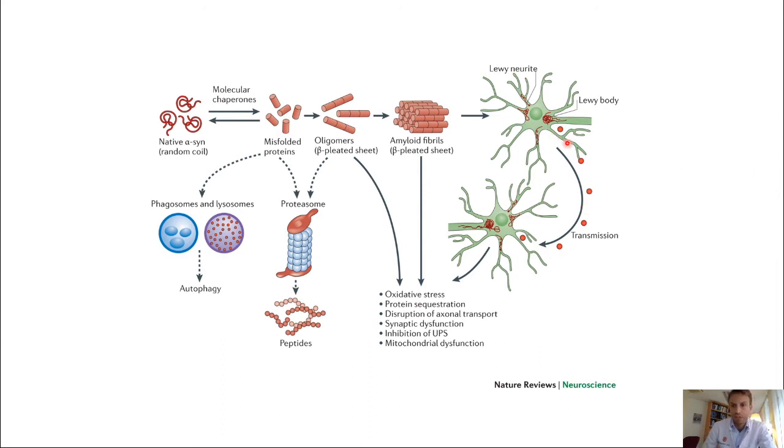Fibrils can be transmitted through dendrites or axons to other adjacent cells, leading to a spread of the pathological fibrils from cell to cell. If this goes on and on, more parts of the brain get affected by the pathologically folded proteins, and cellular dysfunction tends to get more frequent and more spread.